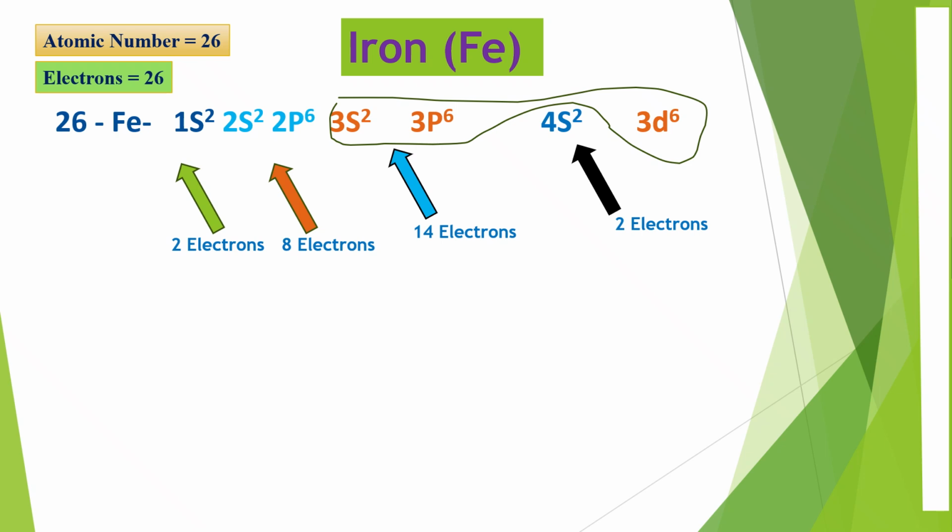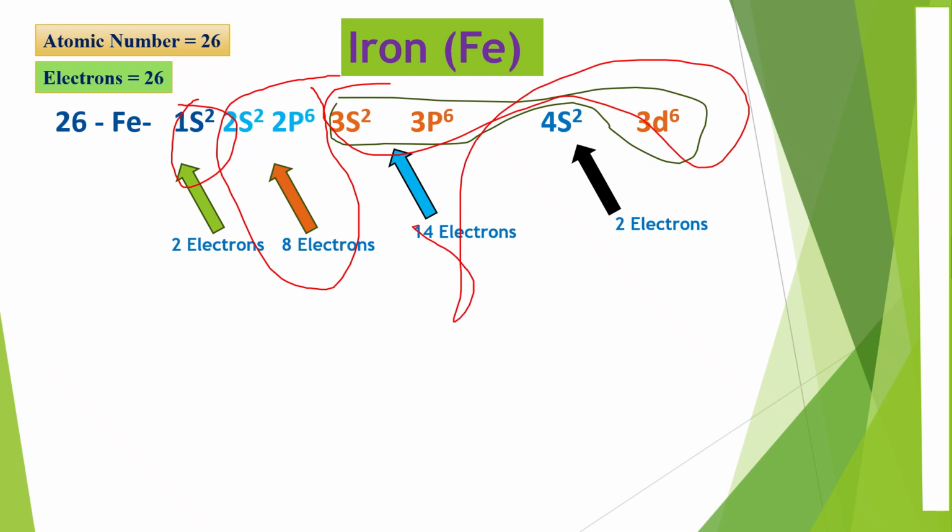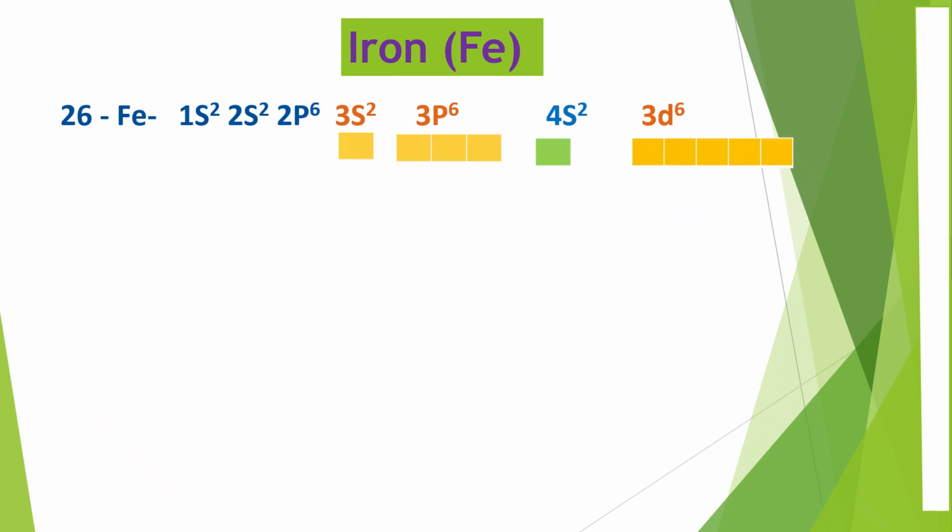So here the first orbit contains 2 electrons, the second 8, the third 14, and the fourth contains 2 electrons. I explained about SPDF orbitals in previous videos. Generally valence electrons will take part in chemical bond formation.